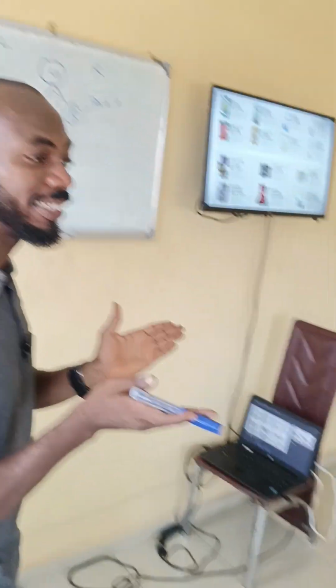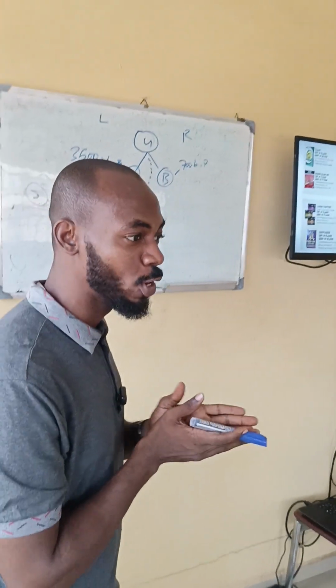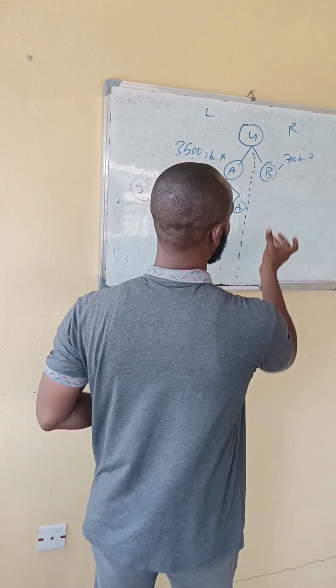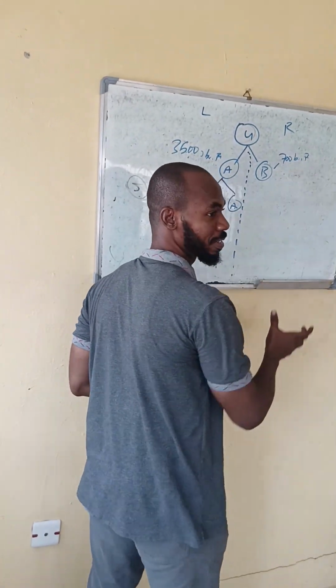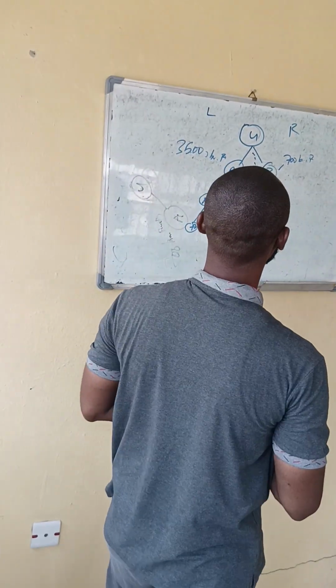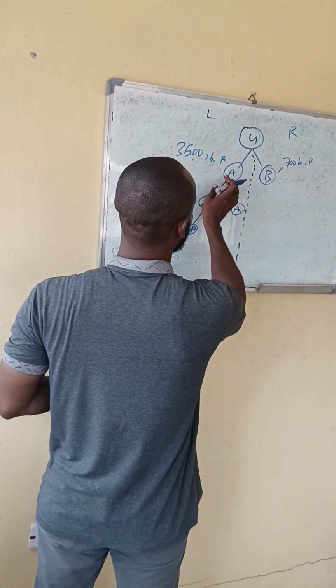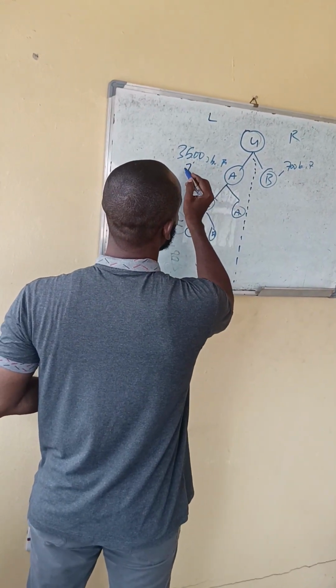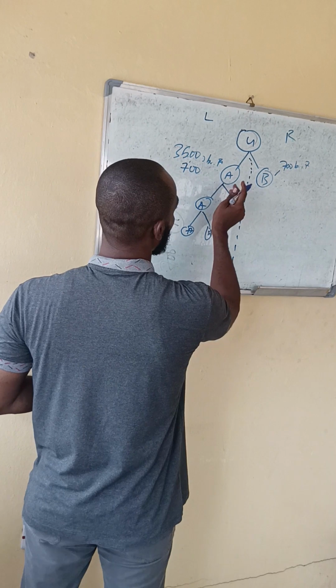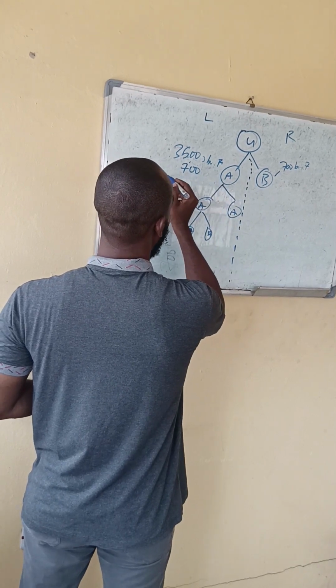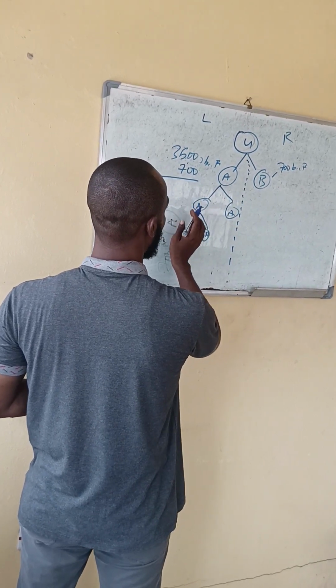That is what we call matching bonus. So in this case, you only have 700 binary points on the right, isn't it? So these 700 binary points on the right will now match out 700 on this side, and then it will leave you with a balance of how many points?